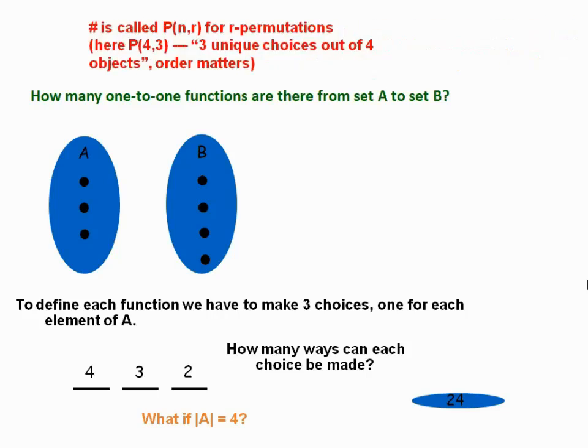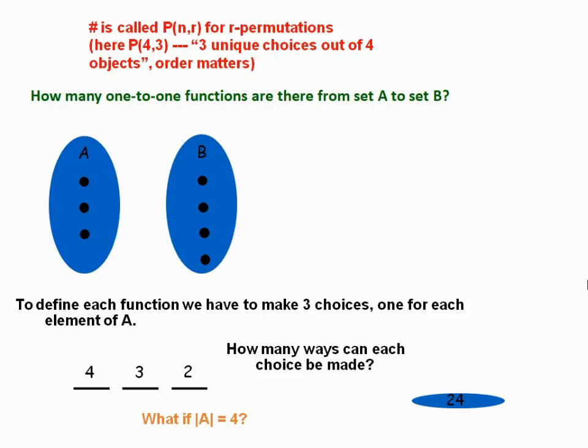So this is called permutations, that is, how many possible ways you can map one to one. This is called permutations P of n comma r. Here P of 4 comma 3 means 3 unique choices out of 4 objects. So the order matters here.